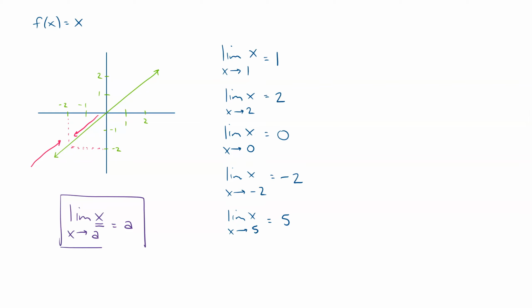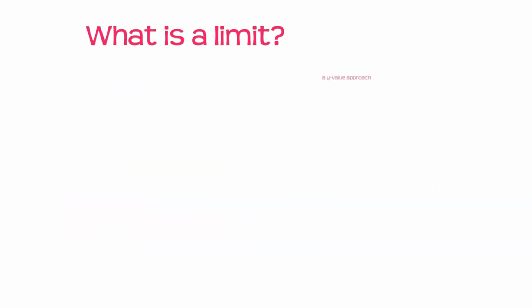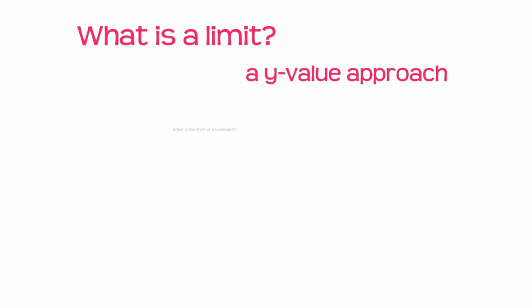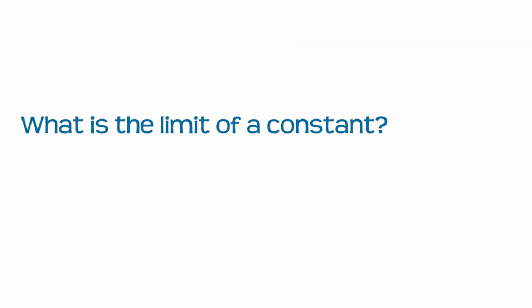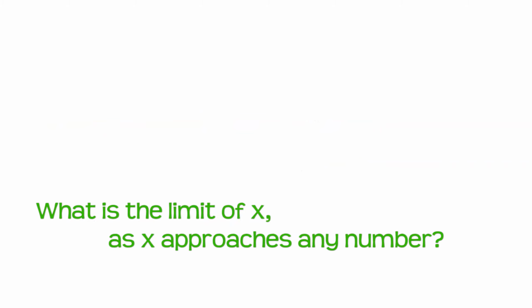This is the other property that will be extremely valuable for us as we move forward. So let's see what you're remembering. What is a limit? A limit is a y value approach. What is the limit of a constant? It's the constant. And what is the limit of x as x approaches any number? It's just the number.